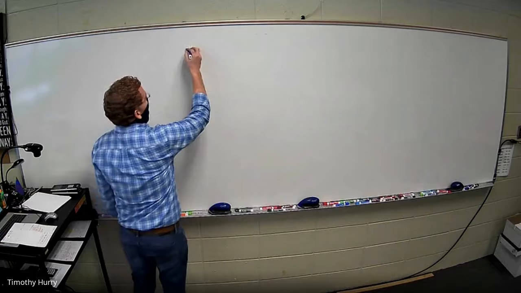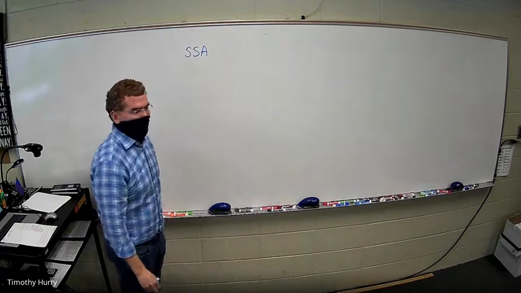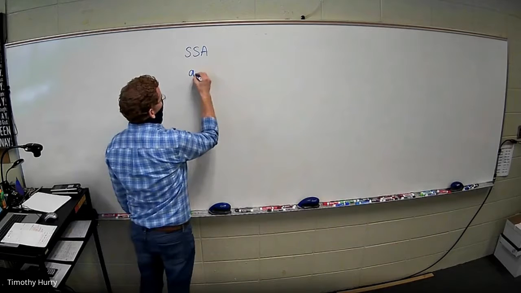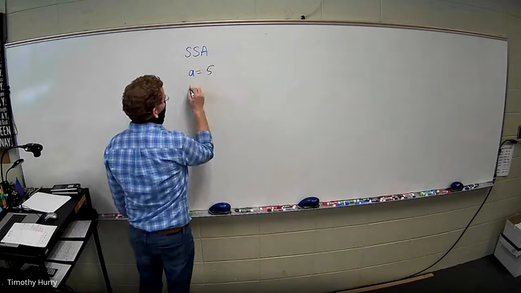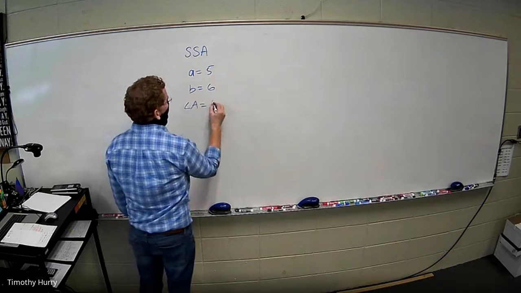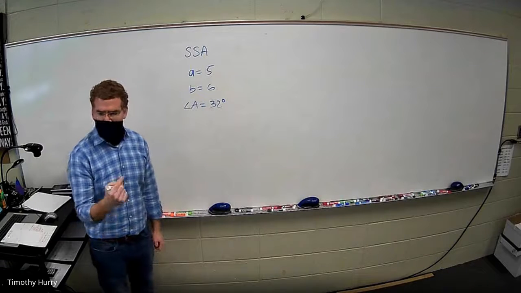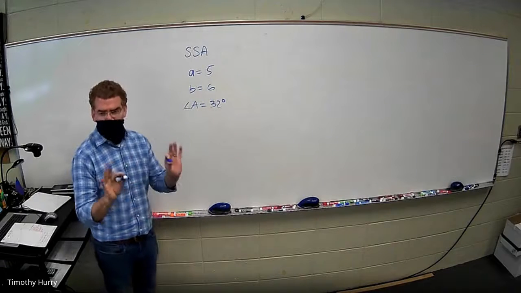When you're dealing with this case, SSA, and you see some given information like a is 5, b is 6, angle A is 32. What does that tell you about B? What do you know for certain?